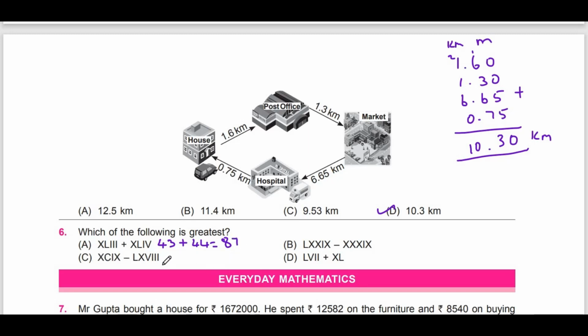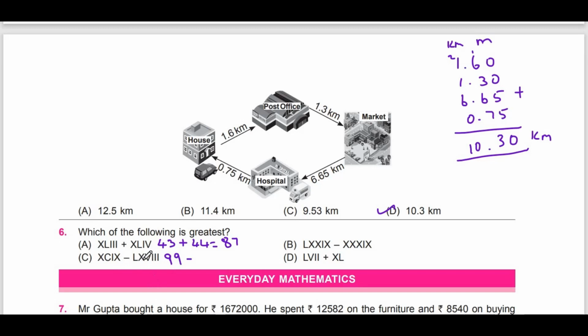Now let's find the C option here. Here it is XC. So what is C? C is 100, and since there is an X before C, we will take it as 90. 90 and then this is a 9, 99. So we have a 99 here, and minus LX. What is L?